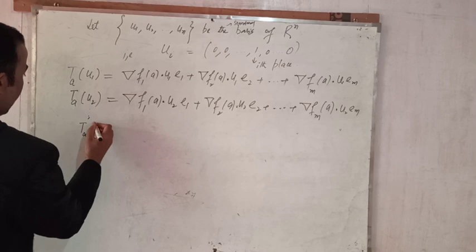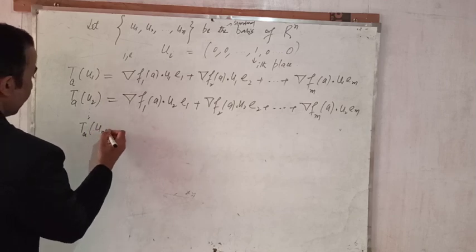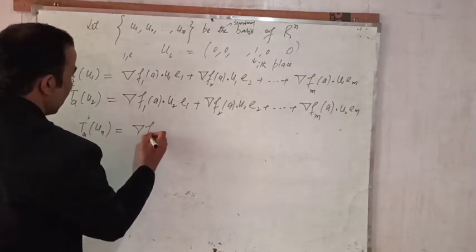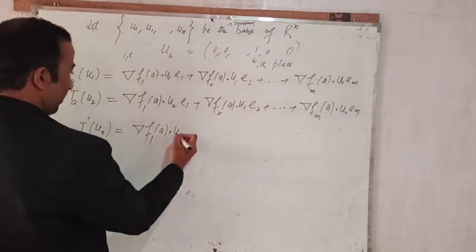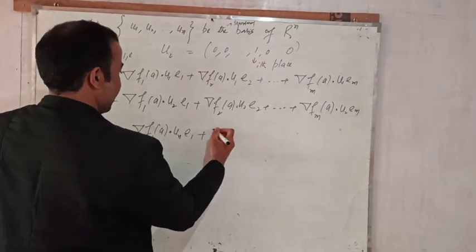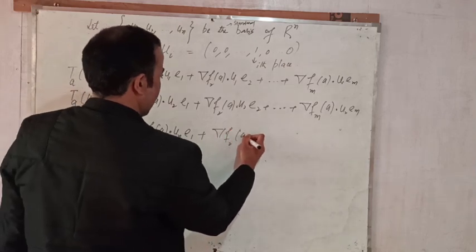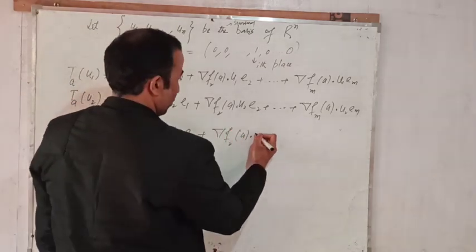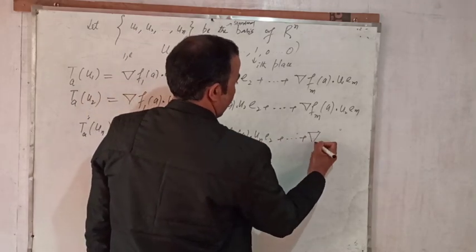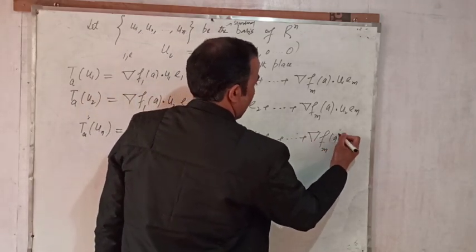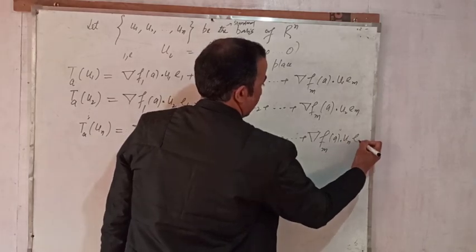Finally, I have TA at Un, the nth vector, that is delta of F1 A dot Un E1 plus delta F2 A dot Un E2 plus so on plus delta of Fm A dot Un into En.